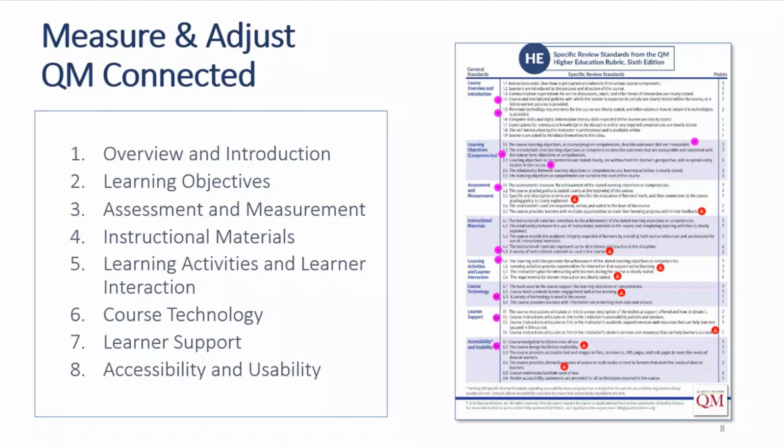When we get to measure and adjust, sometimes we think about just assessment and feedback. Okay, that's part of it. But if I look at the QM rubric, I can see elements of measure and adjust all the way through, from the beginning to end. Overview and introduction, the learning objectives, all the way down through accessibility and usability.